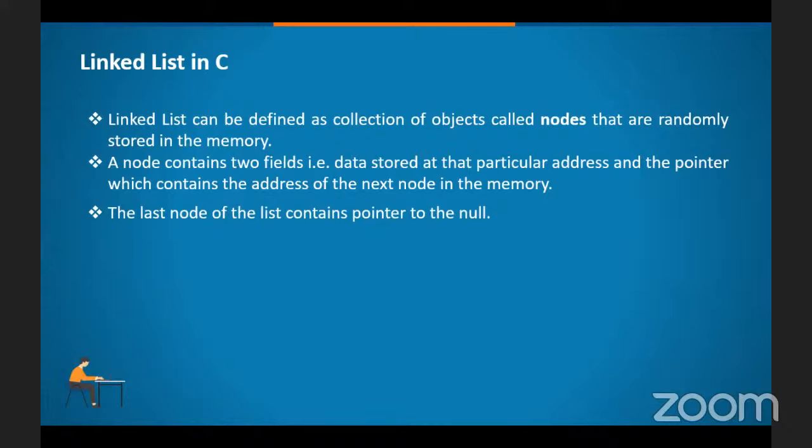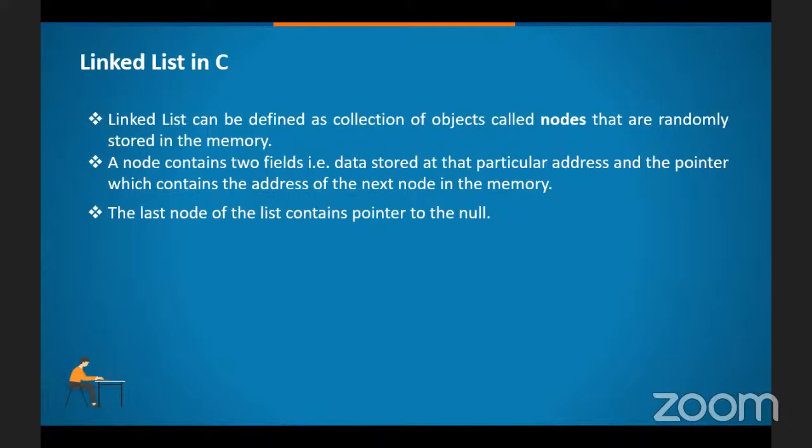A linked list can be defined as a collection of objects called nodes that are randomly stored in memory. A node contains two fields. One is the data stored at a particular address, and the other is the pointer, which contains the address of the next node. I'll show you practically what a node is.